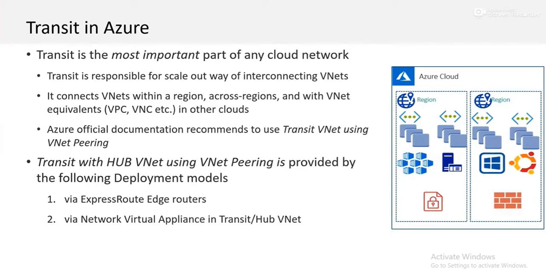If ExpressRoute is in the picture in your topology, there are some ways that you can leverage that ExpressRoute circuit to provide VNet to VNet, or sometimes you'll hear spoke to spoke communication. And that is nice because it provides a little bit more dynamic connectivity.